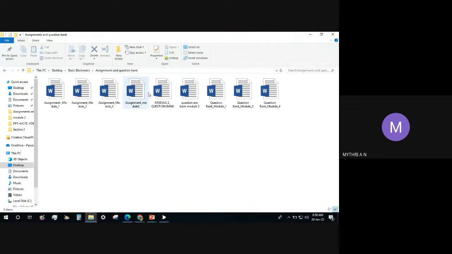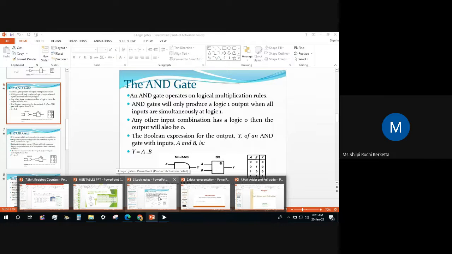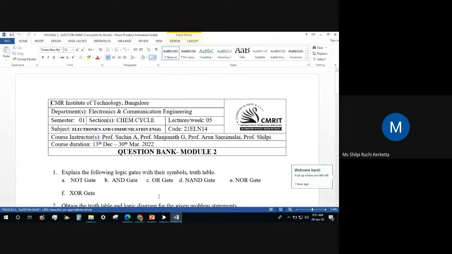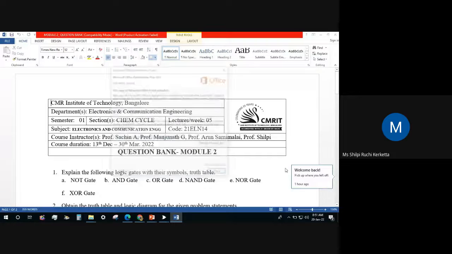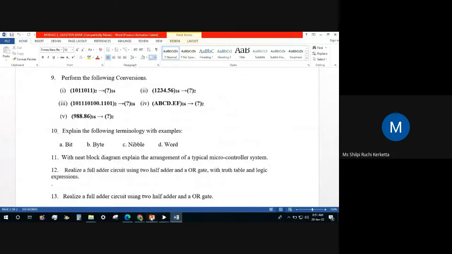We should do the simulation in Logisim or in a logic simulator on your mobile. How should we submit that, ma'am? Just take the screenshots and compile it. Okay, ma'am.